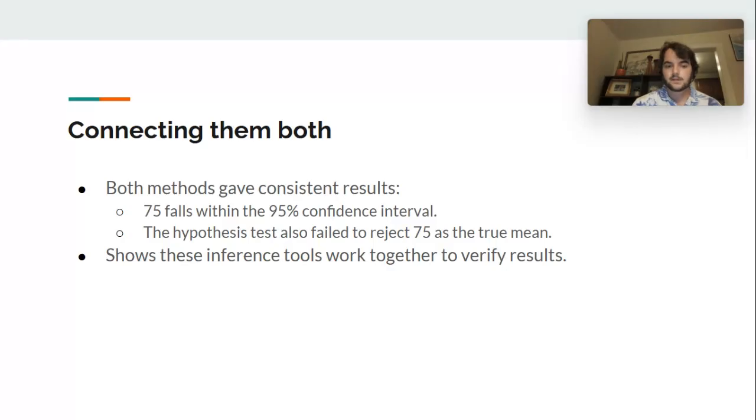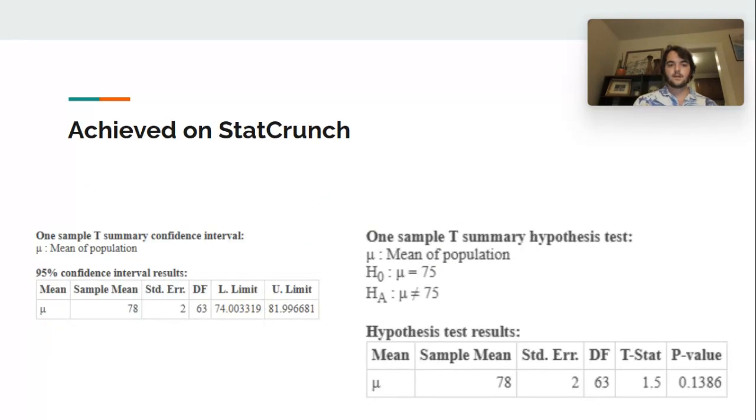And this shows that these inference tools can work together to verify results. So these are the two charts that I got on StatCrunch, the t-summary confidence interval and the hypothesis test. This is what you see when you put in all the data that was given.